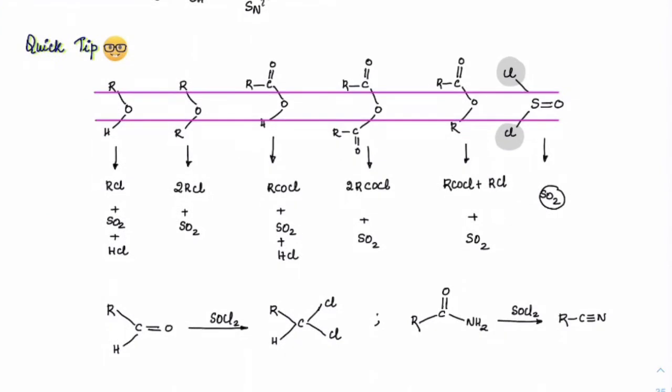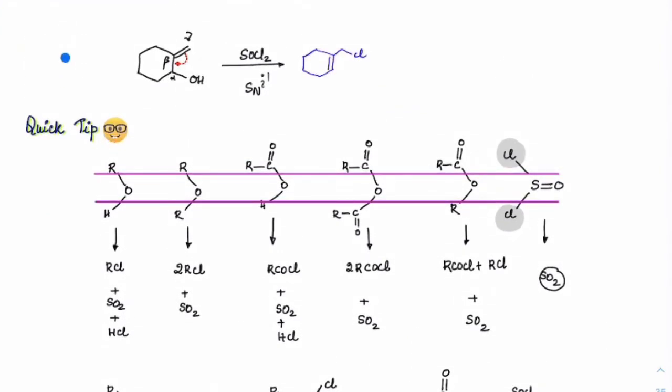Just like how we made the tip for PCl5, a similar logic can be made for SOCl2 also. So alcohols, ethers, acids, anhydrides, esters: if at all these react with SOCl2, you will always get the chlorine product, and the remaining part is SO2, which will escape.